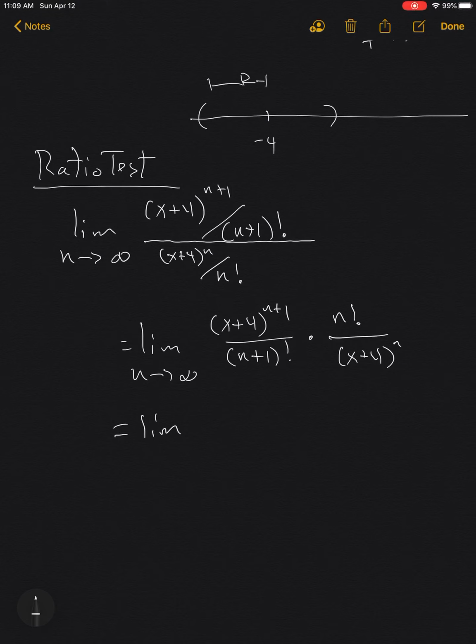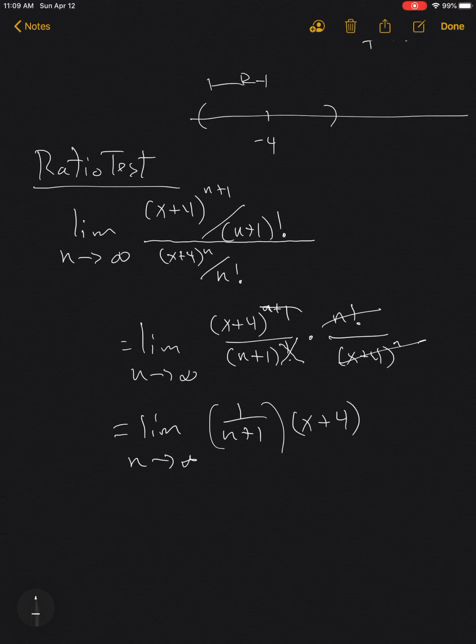So if we simplify before looking at the limit, we have all these x plus 4s canceling with all but one of the x plus 4s in the numerator, and then the n factorial canceling with all but the largest term in this factorial, leaving just an n plus 1. And so we have 1 over n plus 1 times x plus 4.